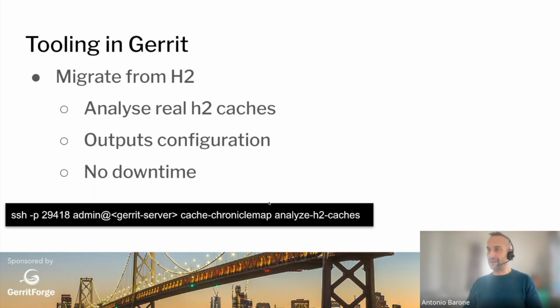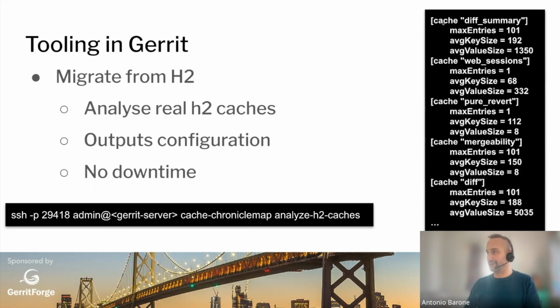You can just simply run this command. You don't need to install cache-chroniclemap as a library. You can just install it as a plugin, just with the intention of having this command available to you, and it will analyze the H2 caches and output the configuration.